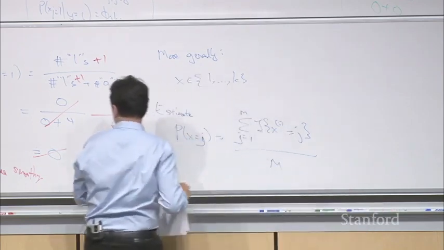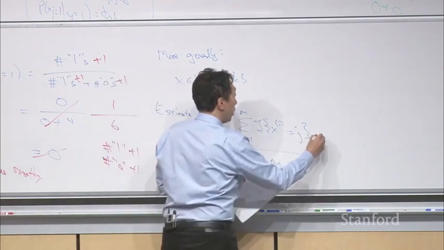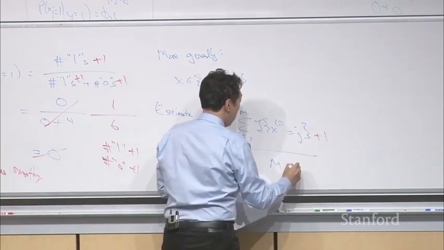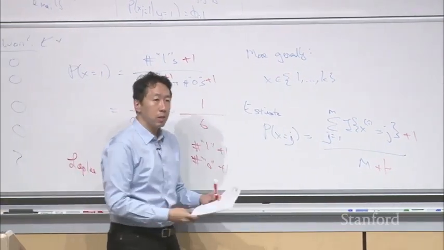So that's the maximum likelihood estimate. And for Laplace smoothing, you'd add 1 to the numerator and add k to the denominator. Okay.